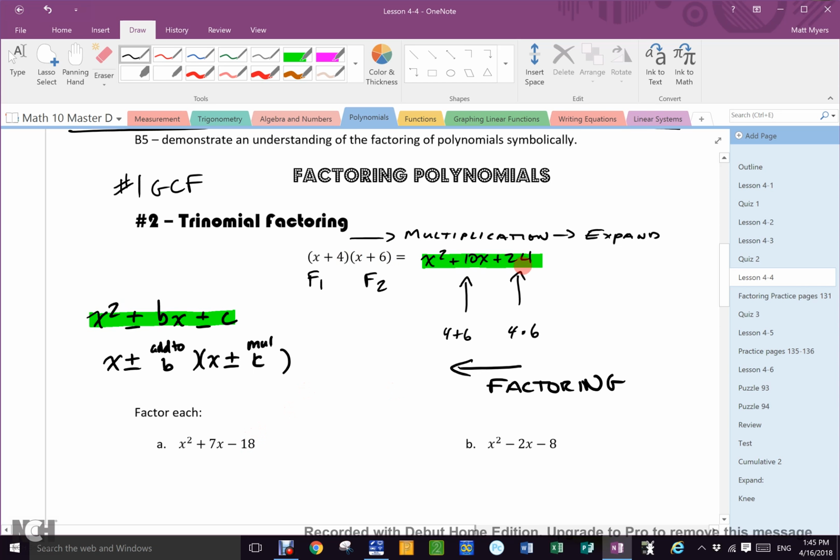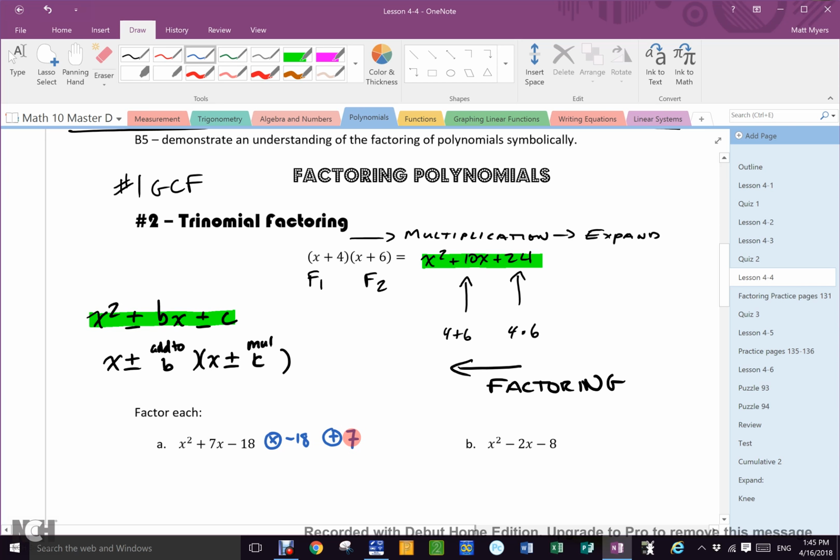Just like they did up here, right? And I know that those numbers have to add to 7. So when I'm doing these, I always like to write out, I need to multiply to negative 18, and I need to add to 7.